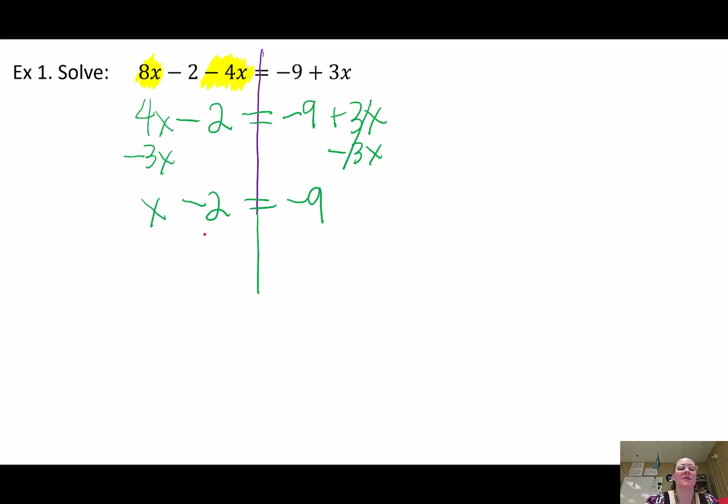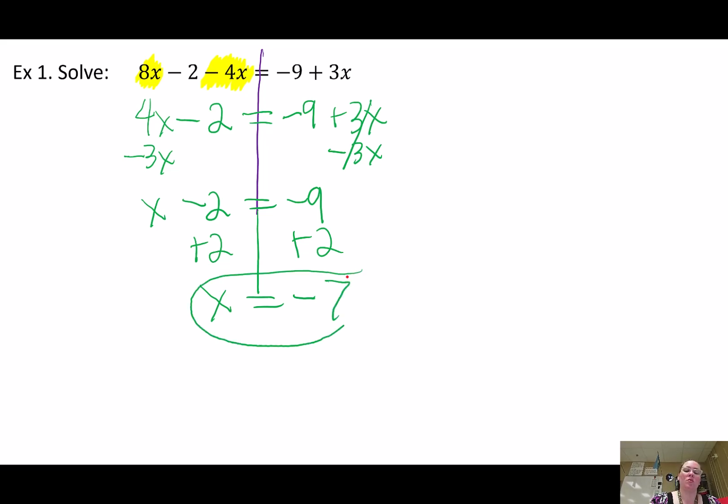Well, 2 is being subtracted from that, so I'm going to add 2 to both sides. So we get x is equal to, well, negative 9 plus 2 gives me a negative 7. So my solution here is x equals negative 7.